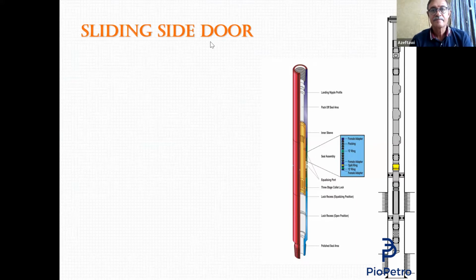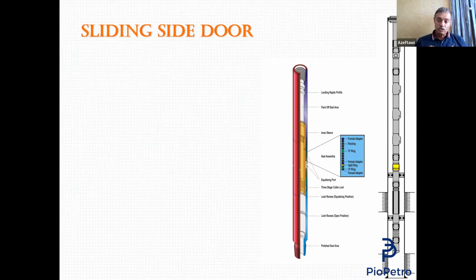Okay. Sliding side door. It's a short pipe. But as you see, if we cut it to see what's inside, you will see this brown door. This is the sliding sleeve, a sliding door that moves up and down.